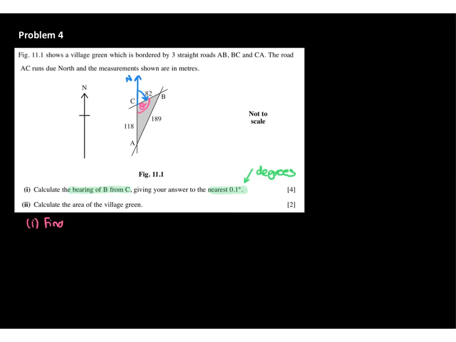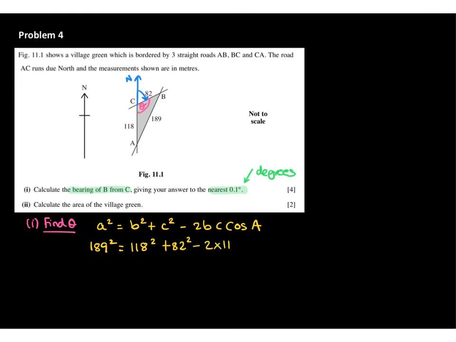And to do that, I'm going to need to use the cosine rule, which tells me, of course, that a squared is equal to b squared plus c squared minus 2bc cos a. So that tells me that 189 squared is 118 squared plus 82 squared minus 2 times 118 multiplied by 82 multiplied by cos of theta.